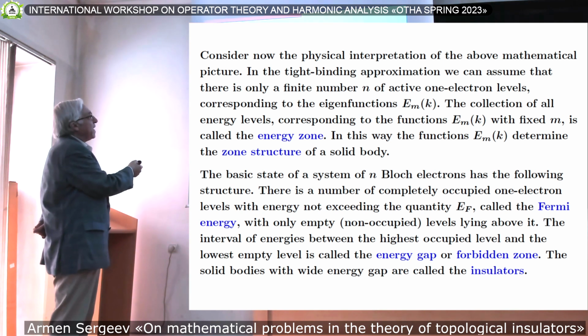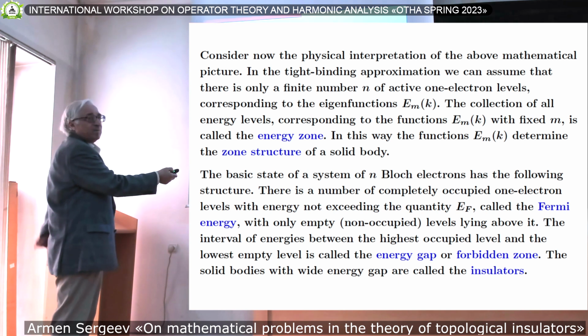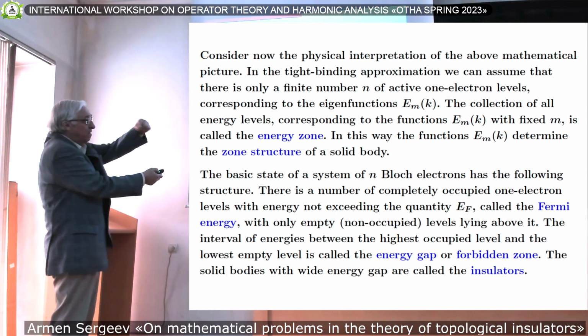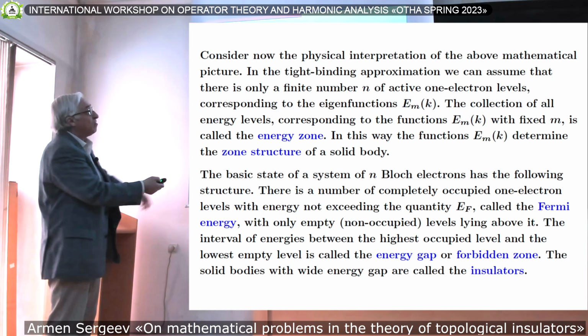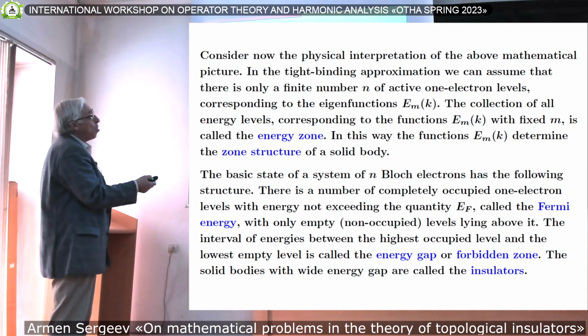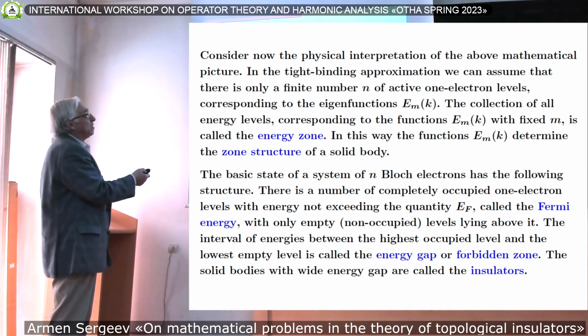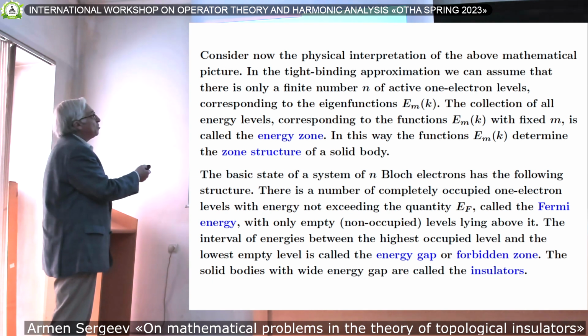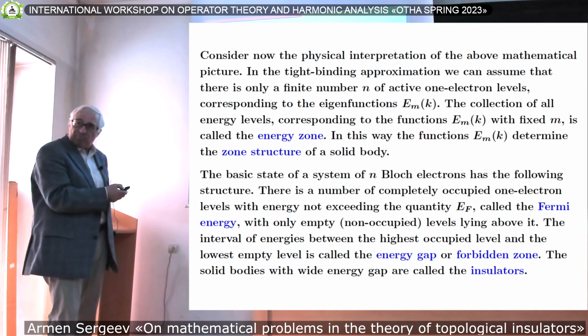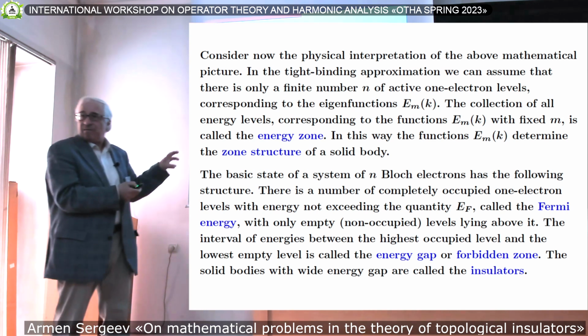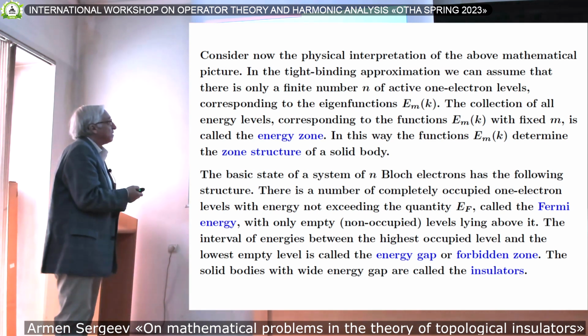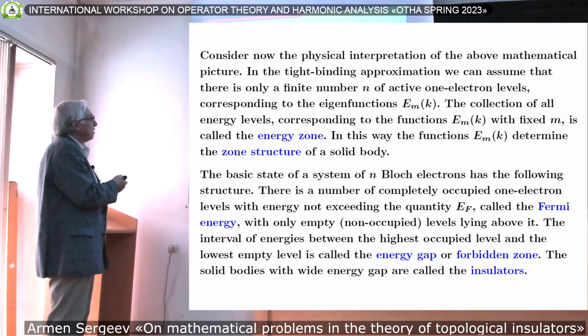The collection of all energy levels E_m(k) with fixed m, where k is a vector from the Brillouin zone, is called an energy zone. In this way, the functions E_m(k) determine the zone structure of a solid body. And this is the main physical notion in this theory.